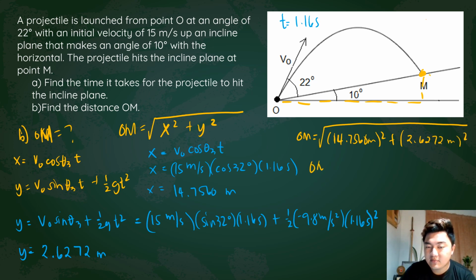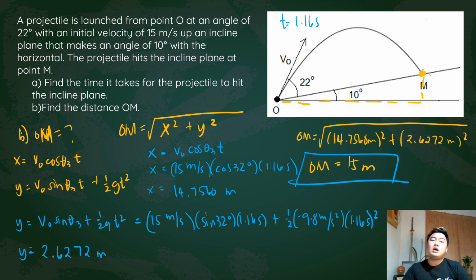So OM will be equal to the square root of 14.7560 squared plus 2.6272 squared. Then that will give you a value of approximately 15 meters. Therefore, the distance between points O and M is 15 meters.